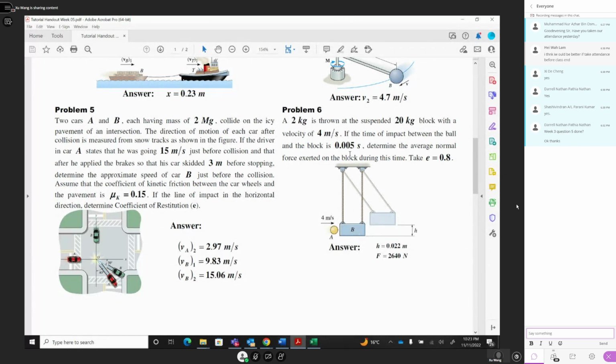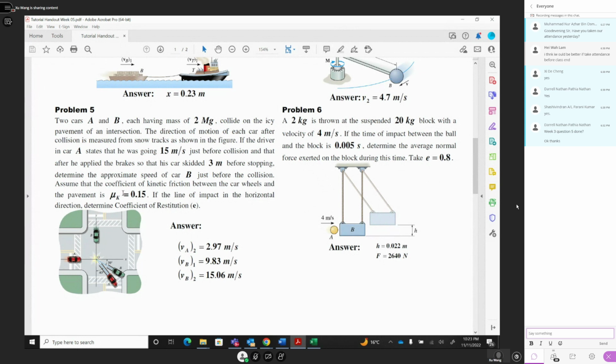If the time of the impact between the ball and the block is 0.005 seconds, determine the average normal force exerted on the block during this time. Also, we assume in the horizontal direction the coefficient of restitution e equals 0.8. That's assumed, right? So how to solve this problem?